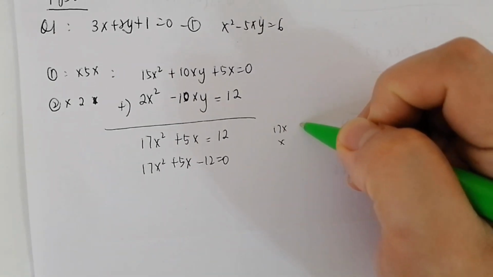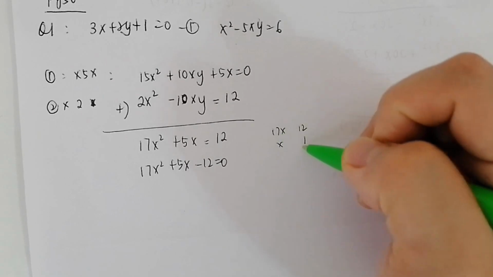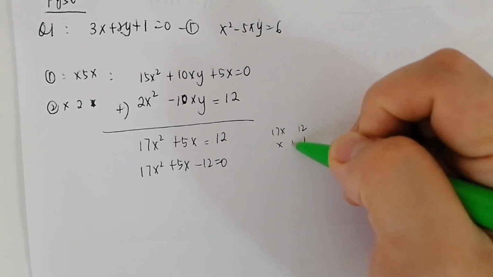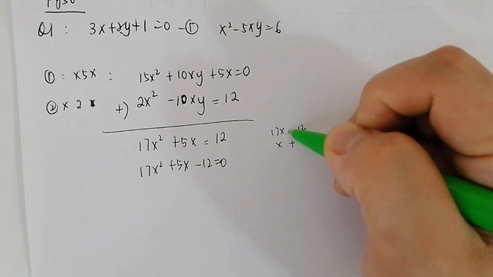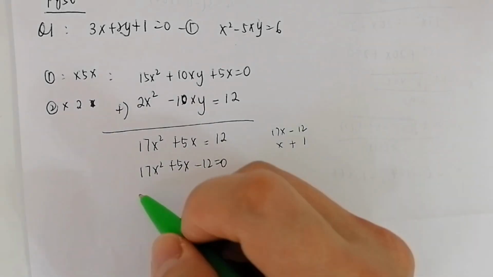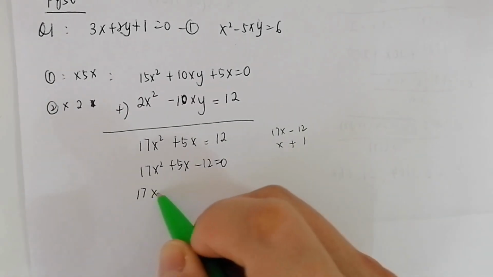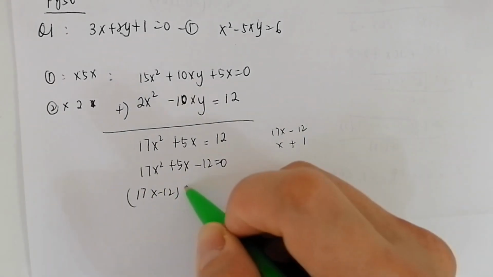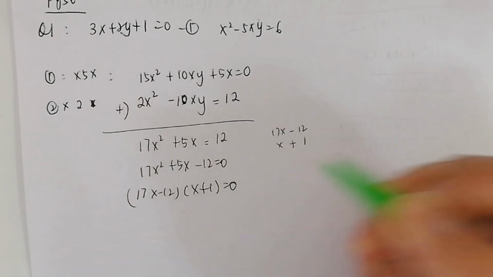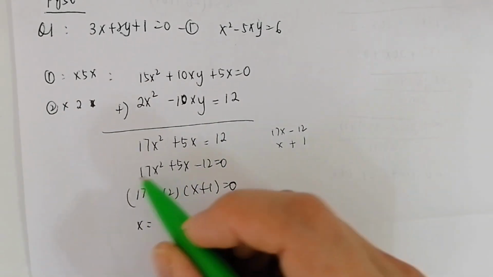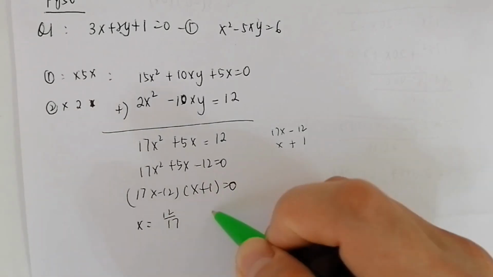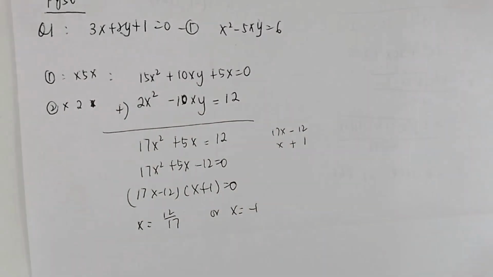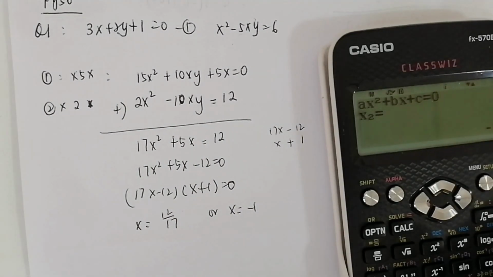Okay, here will be 12 and 1. So here 17x minus 12x, we are going to get 5x. So it's actually 17x minus 12 and x plus 1 equal to 0. So your x will be 12 over 17, or your x will be equal to -1, like in your calculator.